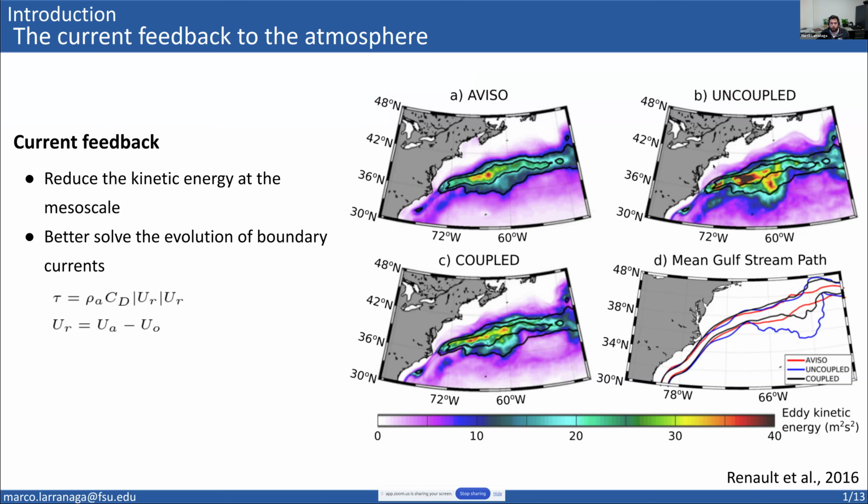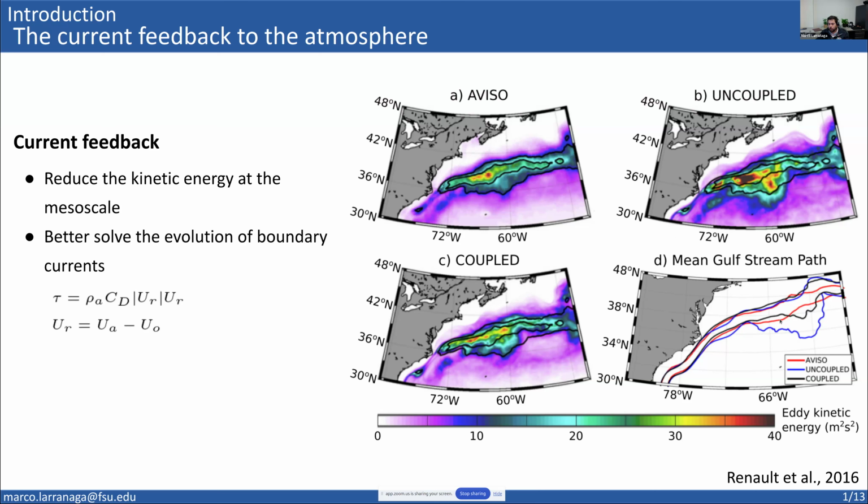By properly reproducing the eddy kinetic energy at the mesoscale, we also better reproduce the mean currents. For example, here we have the mean Gulf Stream path over 5 years. In red, we have the Aviso estimations. In black, the coupled simulation, and in blue, the uncoupled simulation.